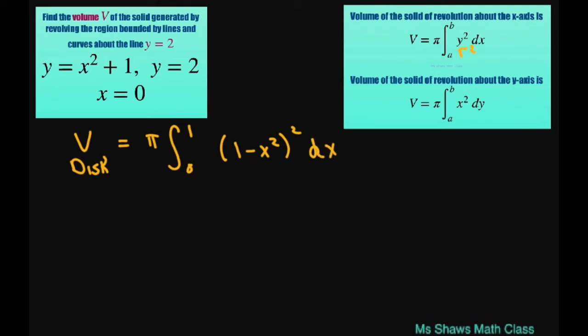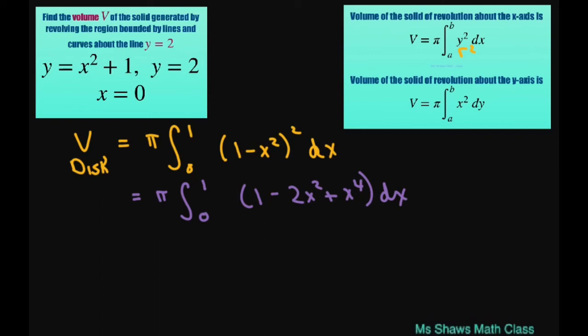All right. Now let's go ahead and figure this out. So we're going to get pi times the integral 0 to 1 of 1 minus 2x squared plus x to the power of 4 dx. All right.